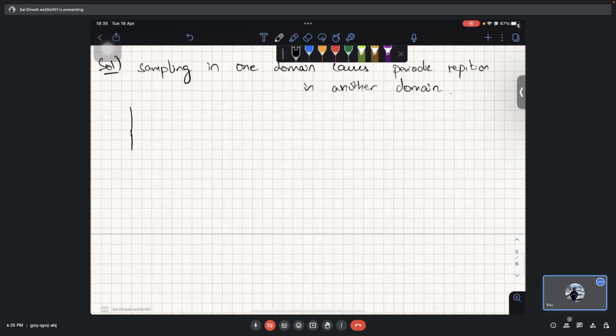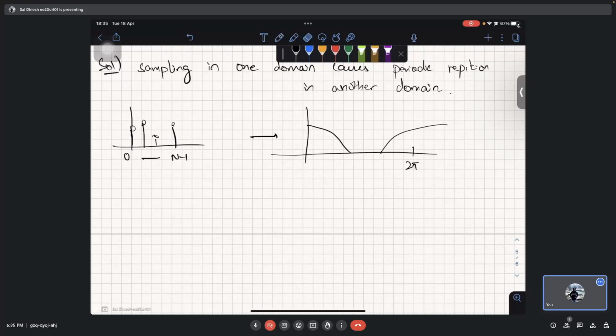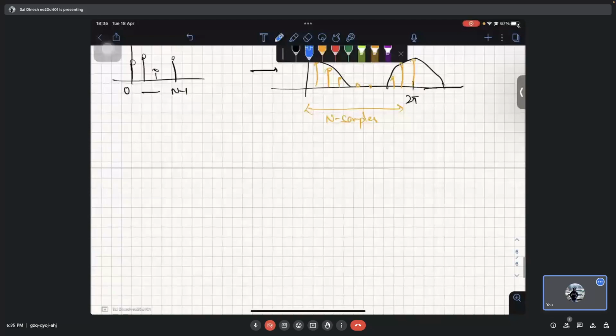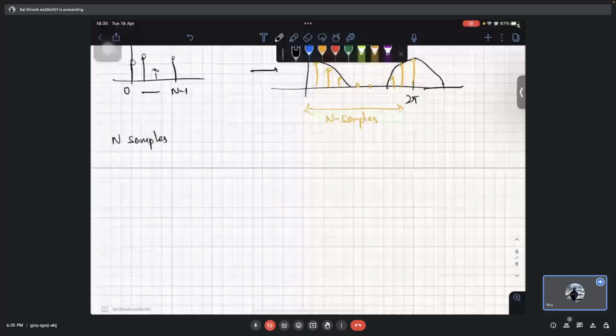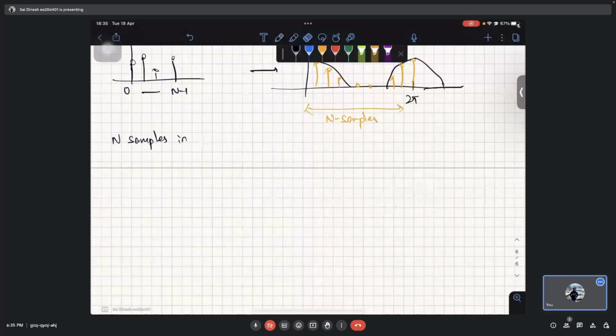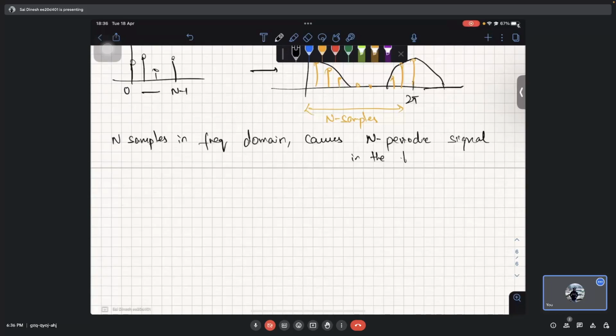And also we have seen that if we take N samples from 0 to 2 pi in the frequency domain, it causes an N-periodic signal in the time domain, right?